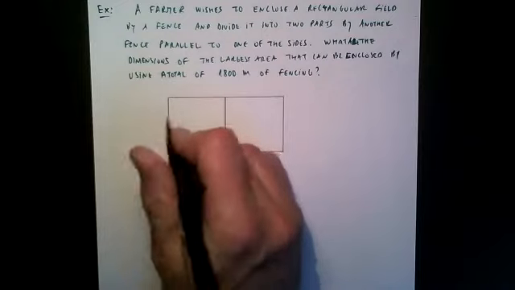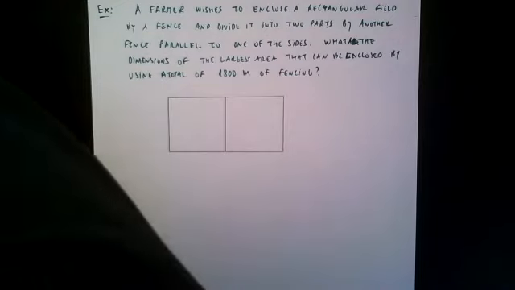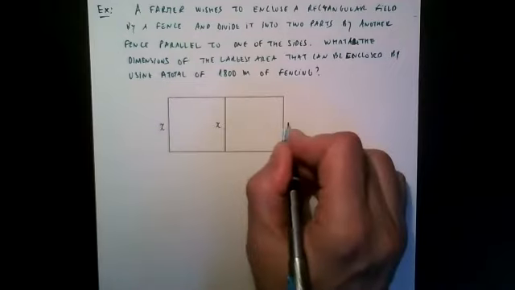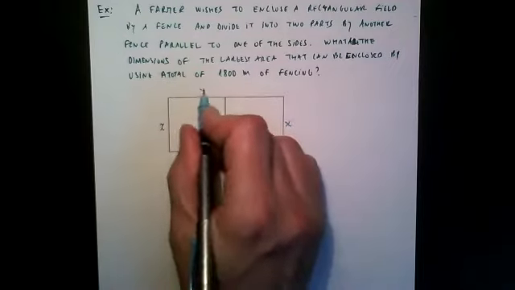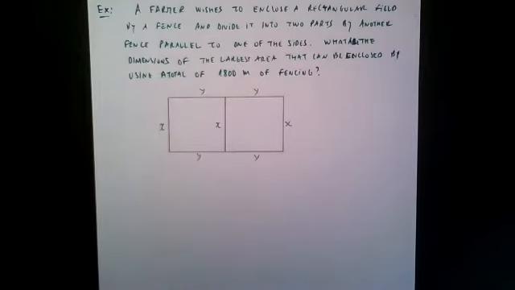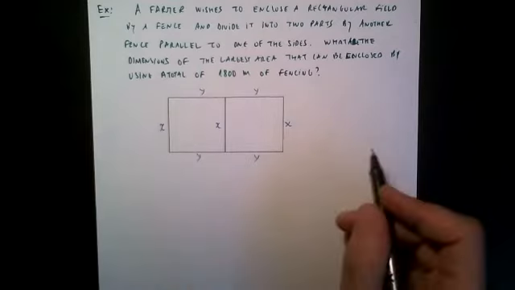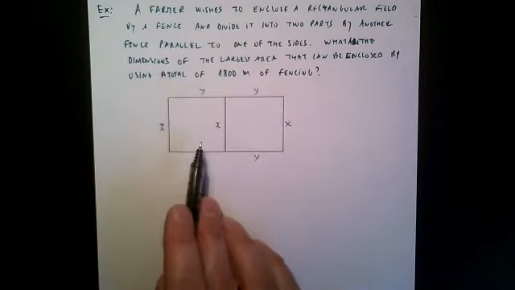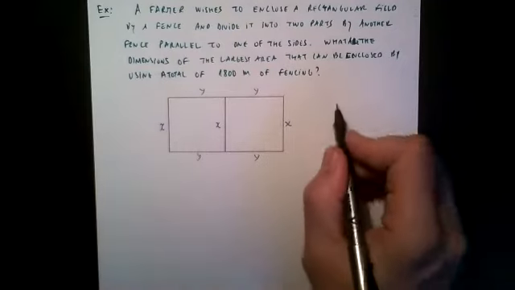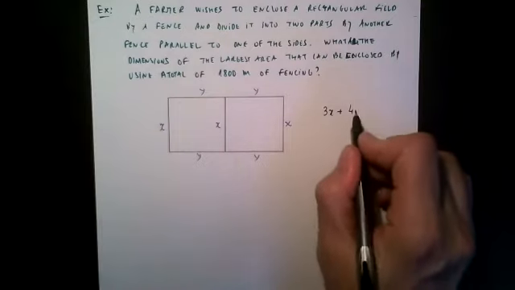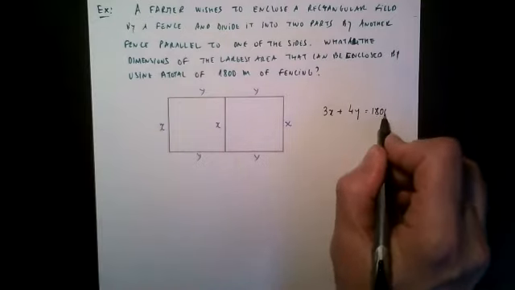So I'm going to call this x, x, x, y, y, y, y. And the total fencing is 1800. So 3x plus 4y equals 1800.